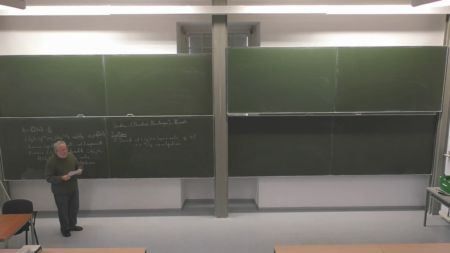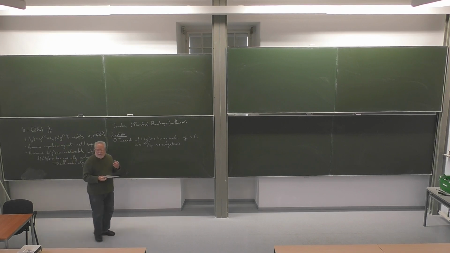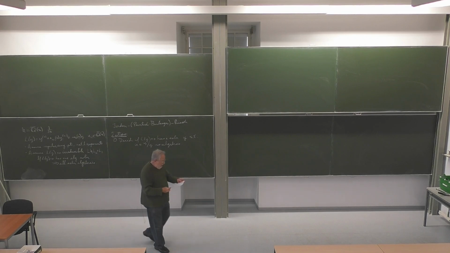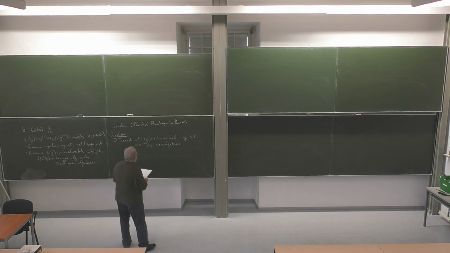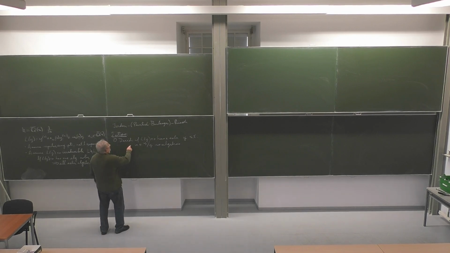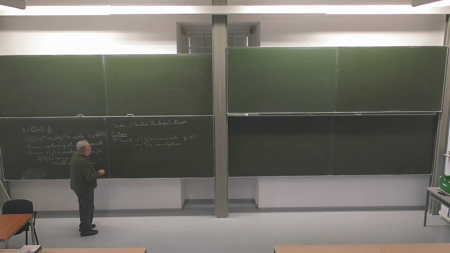This step is really purely algebraic. And it's the algebraic heart of the algorithm. And this is as far as Jordan and Boulanger got.